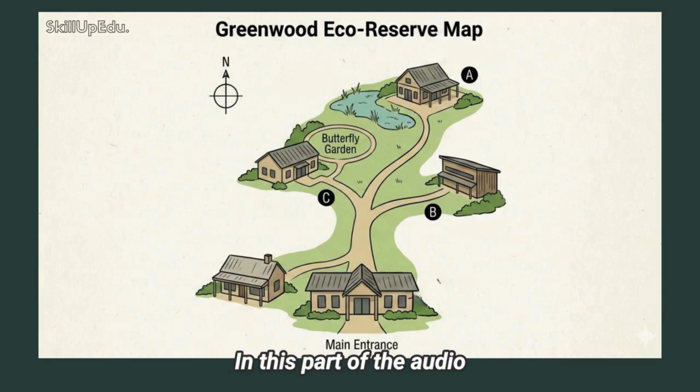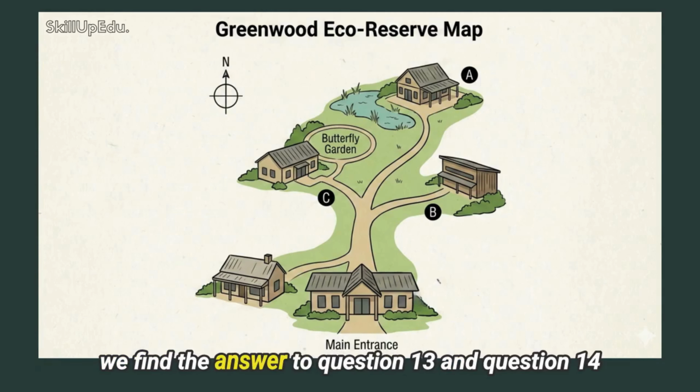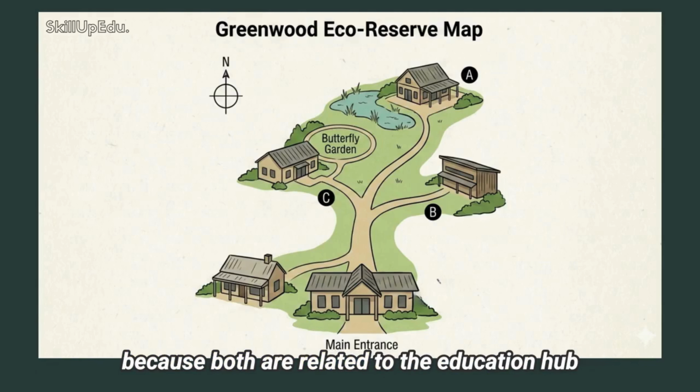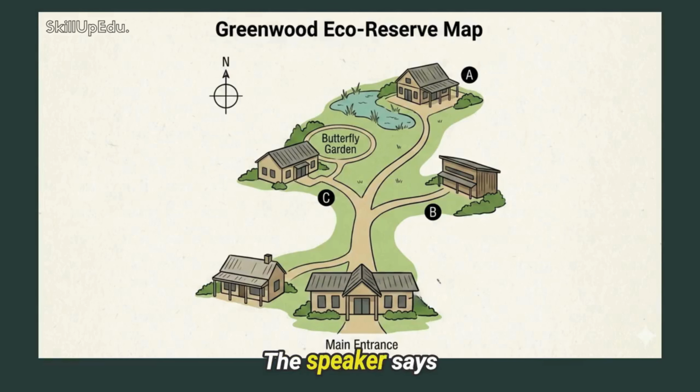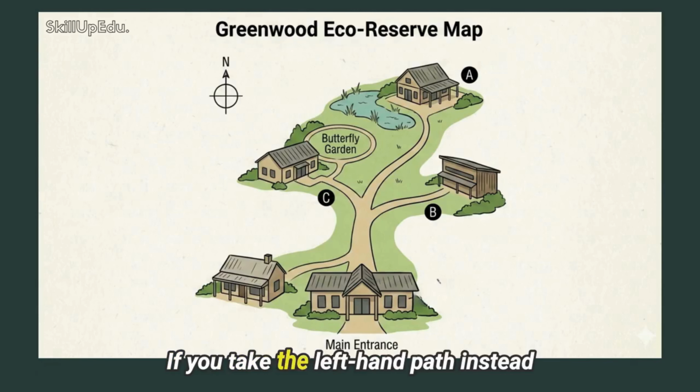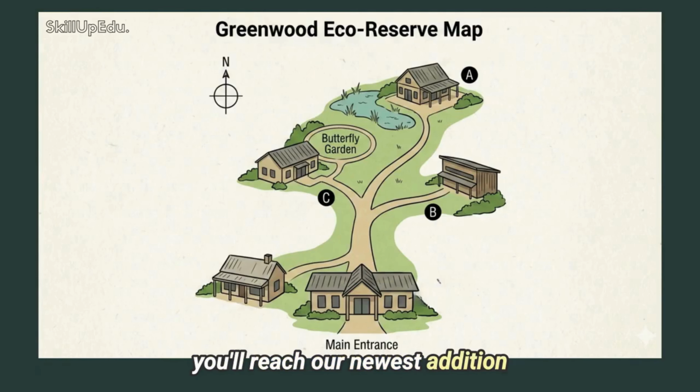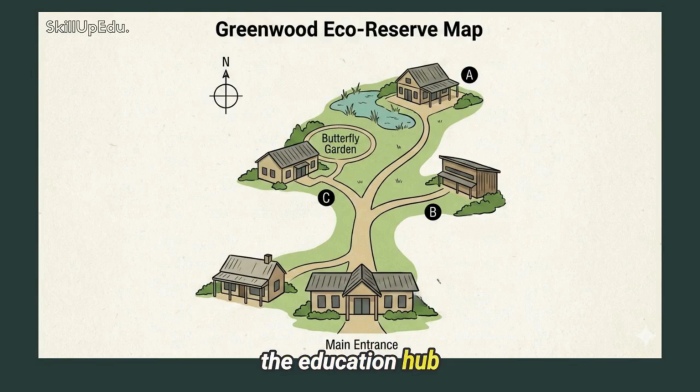In this part of the audio, we find the answer to question 13 and question 14, because both are related to the Education Hub. First, we identify the answer to question 13. The speaker says, "If you take the left-hand path instead, you'll reach our newest addition, the Education Hub."